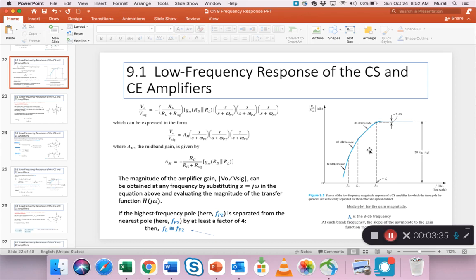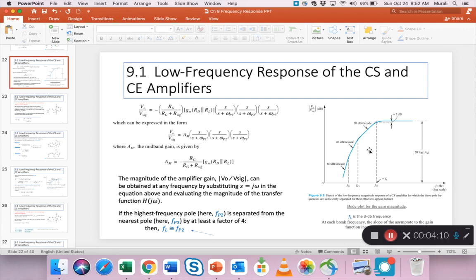Can you design an amplifier all the way down to 20 hertz? You can, but it will cost you some money, some expense in capacitance value. That means you have to buy some extra capacitors. If you want to save some money, you can say, okay, my lower frequency is not 20, I'm happy with just 100 hertz and above, right? Because between 20 and 100, really not too much sound comes in that region.